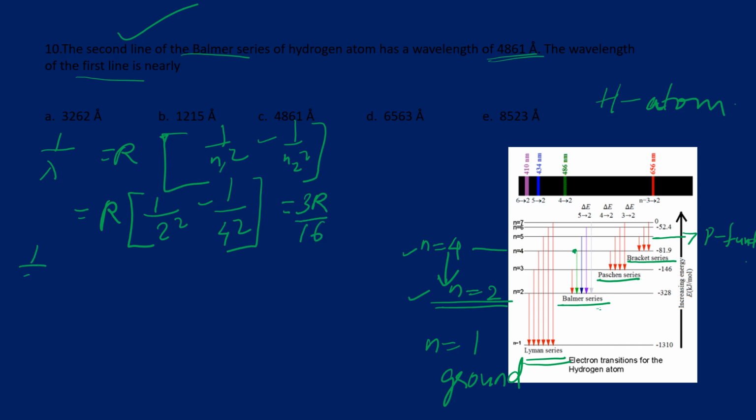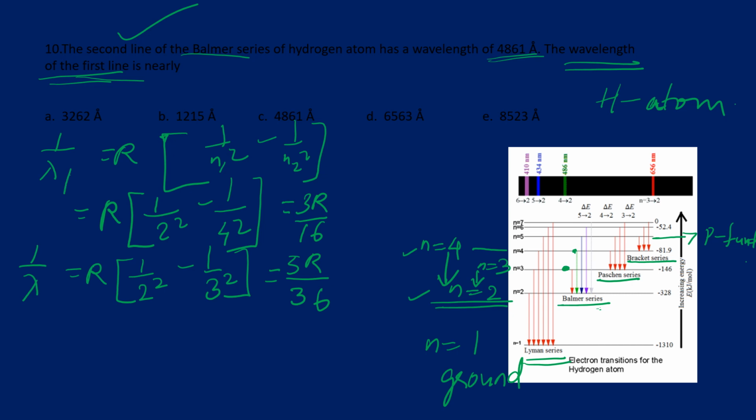Similarly, for the first line, coming from n equal to 3 to 2: 1 by lambda equals R into (1 by 2 square minus 1 by 3 square), that is 5R by 36. Let it be lambda 1 and lambda 2.